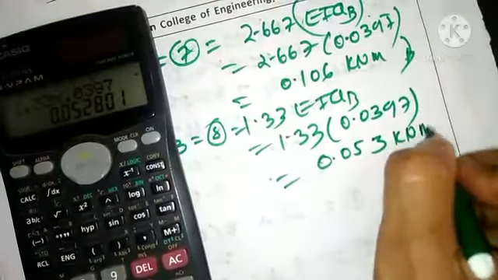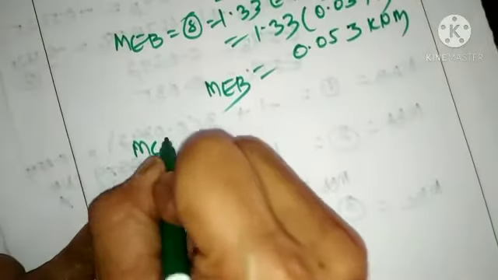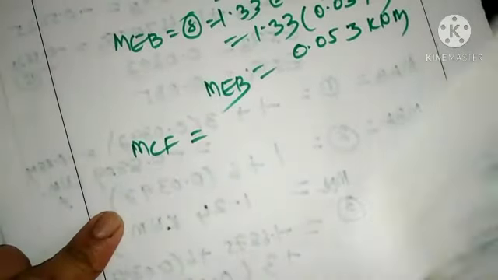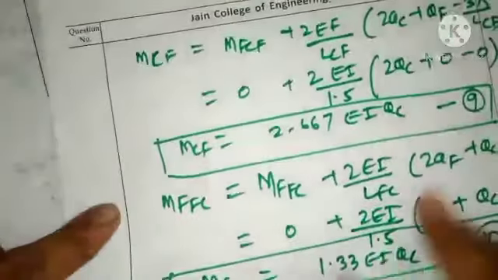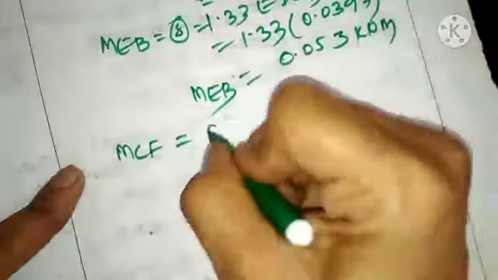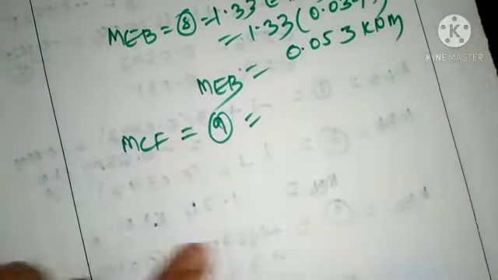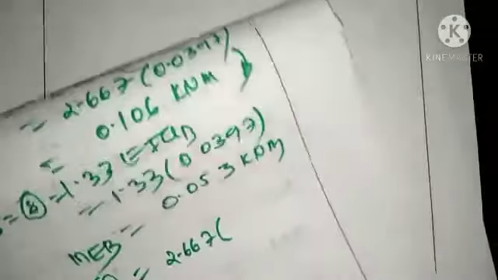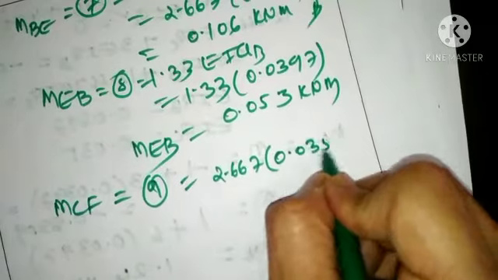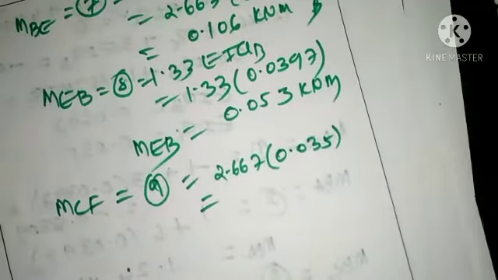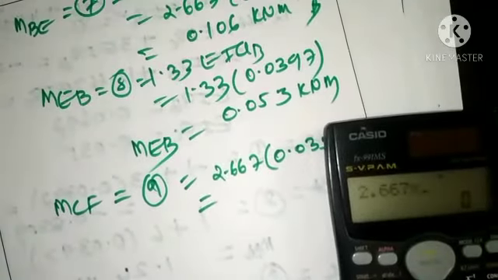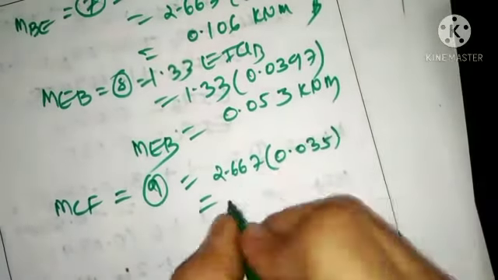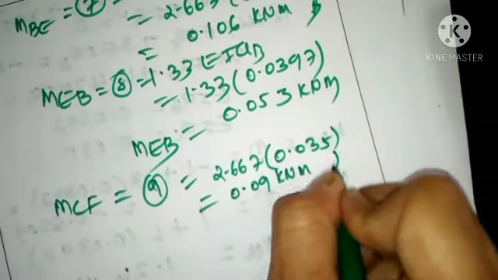So this is MEB. The last member left out is MCF, which is equation number 9, whose value will be 2.667 into theta C. The theta C value is 0.035, so 2.667 into 0.035 is 0.09 kilonewton meter clockwise.